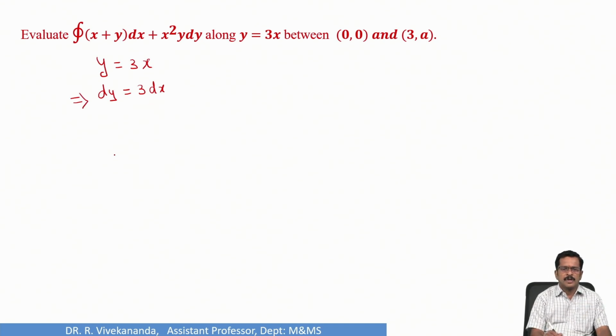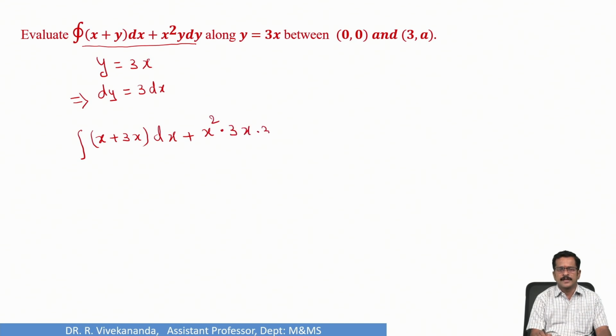Okay. Now I am going to substitute these in the integration, where the integration is given in two variables x and y. I'm going to reduce the two variables into a single variable integrand. So that is x plus 3x into dx, plus x square into y is 3x, dy is 3 dx.